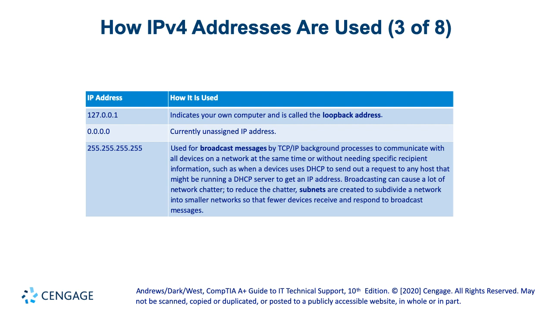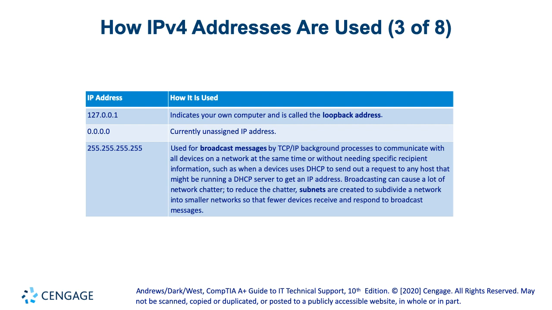255.255.255.255 is used, but you can't assign it to anyone because it is the broadcast address. If you send a message to that IP address, it is broadcast and sent to every device on the local network. It won't go across the router to other networks, just your local network.